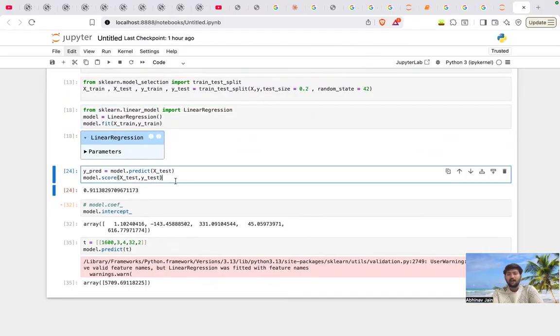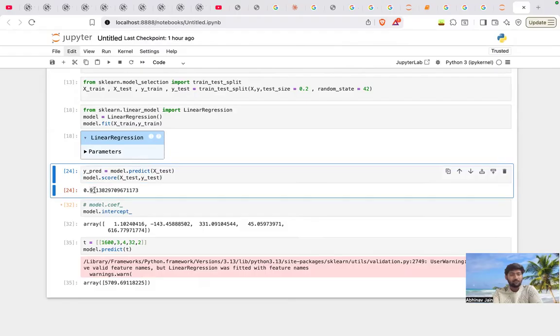Score is basically the R2 score. R2 score gives you how well the model performs. We will look into the metrics of how we evaluate machine learning models later. But to give a little context about R2 score, it tells you how good your model is performing.